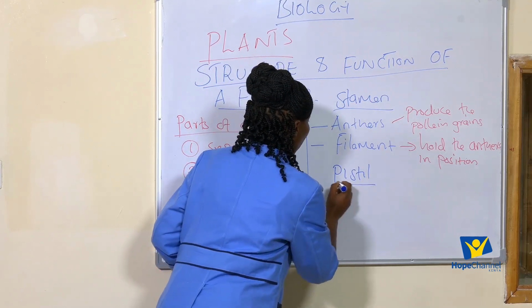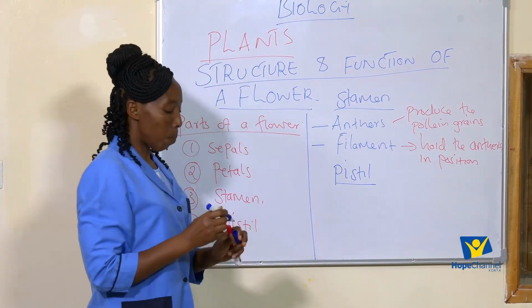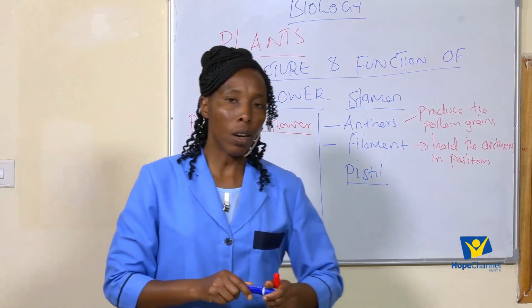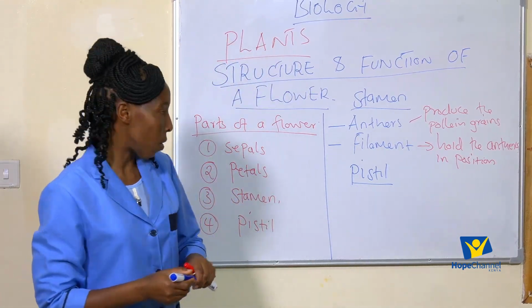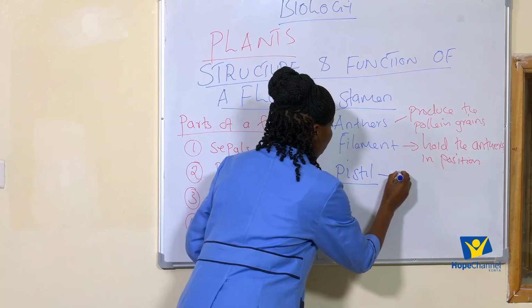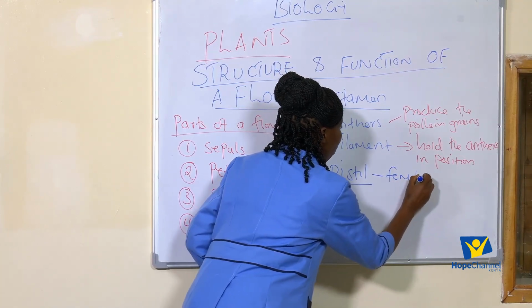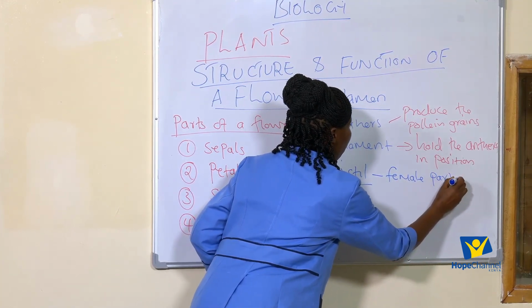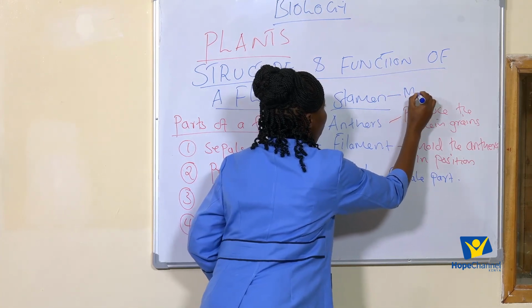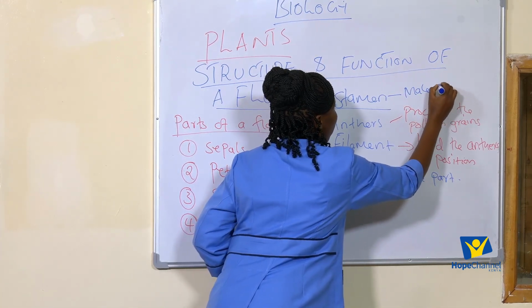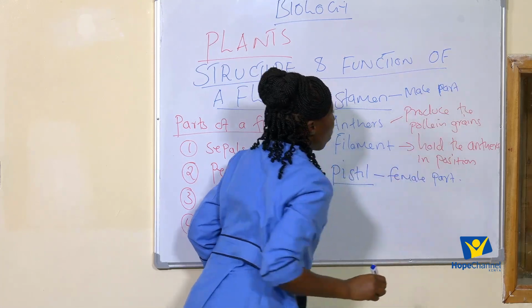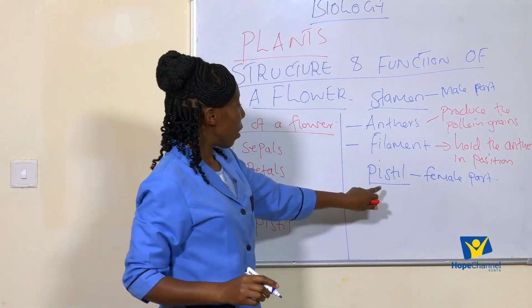The pistil is the female part of the flower. This one we said is the male part of the flower. So the female is the pistil.